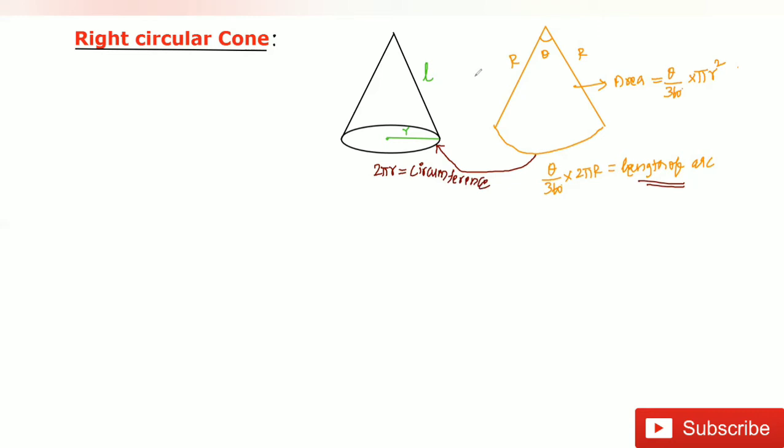So from the sector only we are getting this cone. Definitely the area of this cone and the area of the sector will be equal. So I'm going to do these things, children. By using that, I'm going to bring the CSA of the right circular cone, the curved surface area of the cone. Listen carefully. Now we'll go for this.